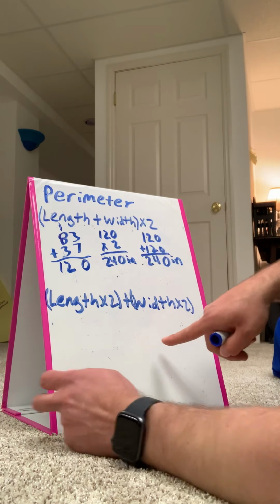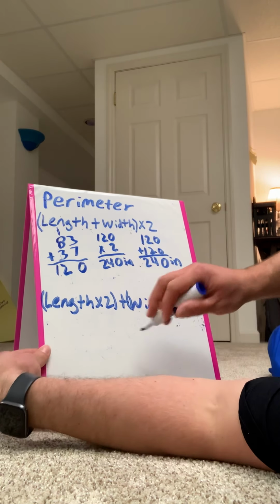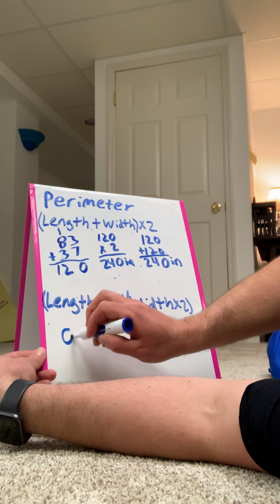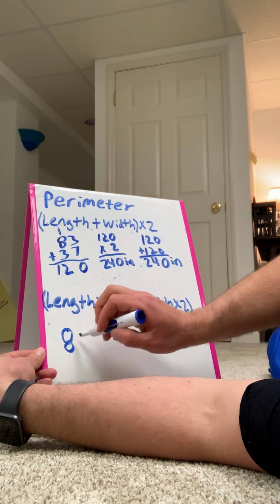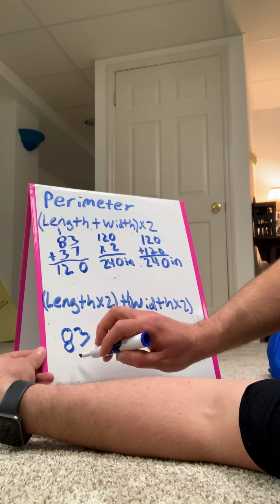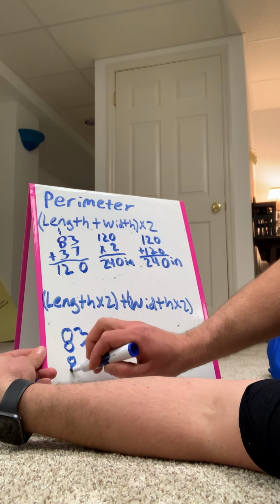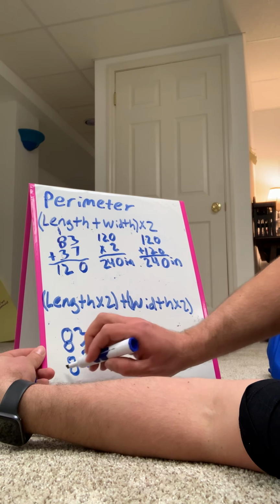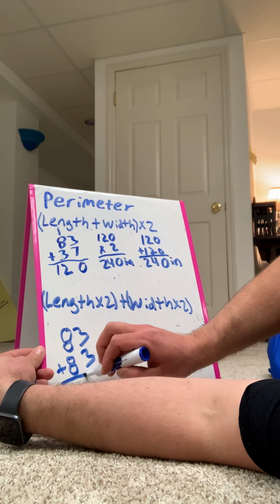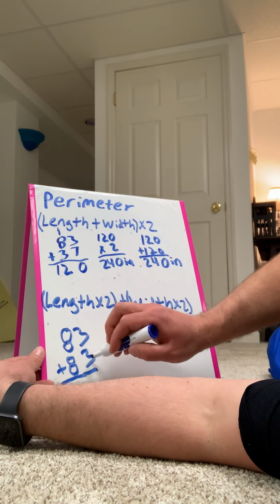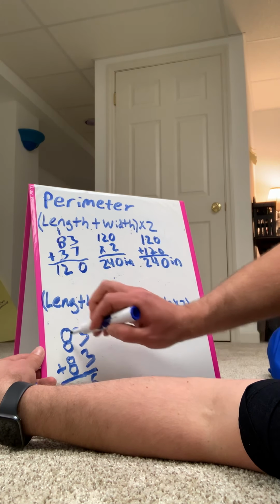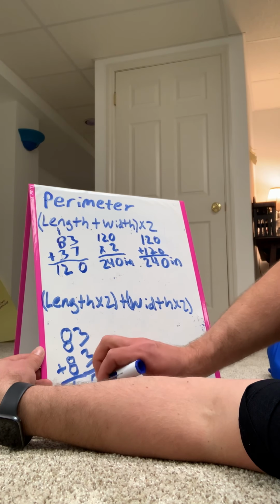For this one, the length times 2 plus the width times 2, you could take 83. Let me do it just with addition first, because if we're doubling, we know we're just doing repeat addition twice. 3 plus 3 is 6. 8 plus 8 is 16, right?